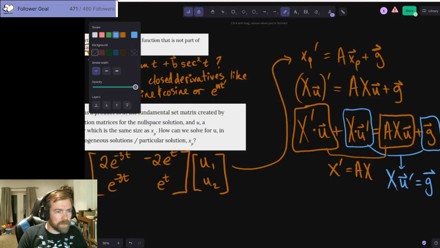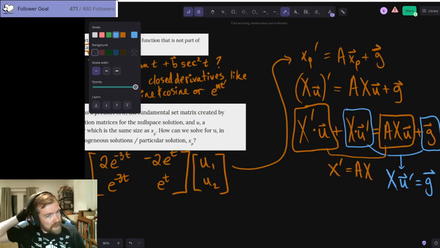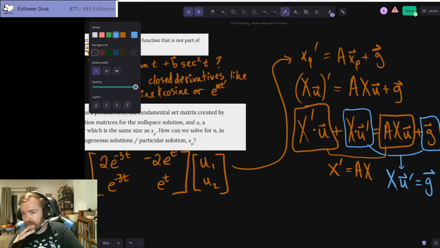So we're going to be able to find a particular solution, and we're going to need to solve this equation for u prime much in the same way that we tried to solve our original equations for x prime, and then eventually we can solve individual equations.